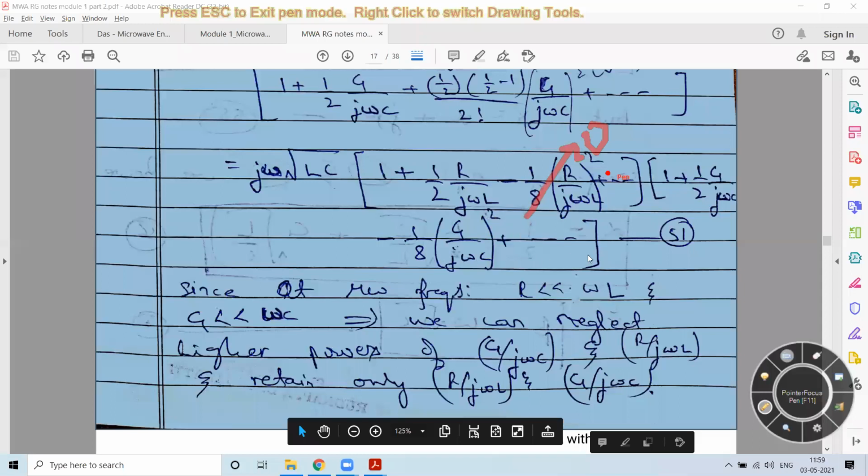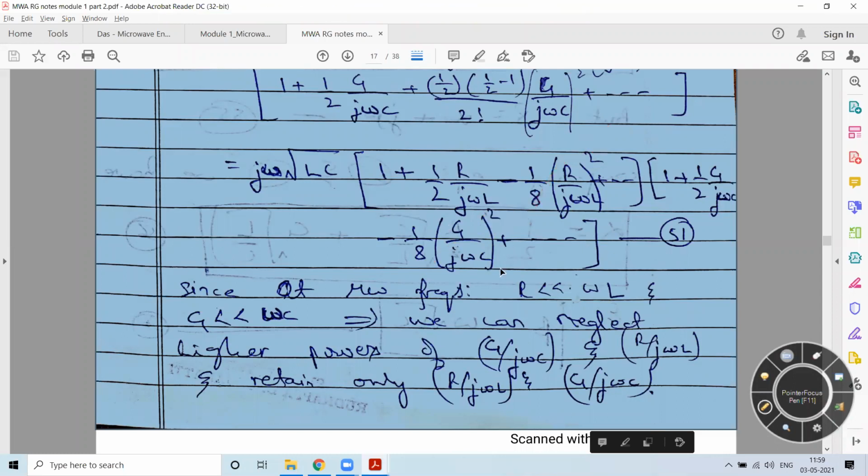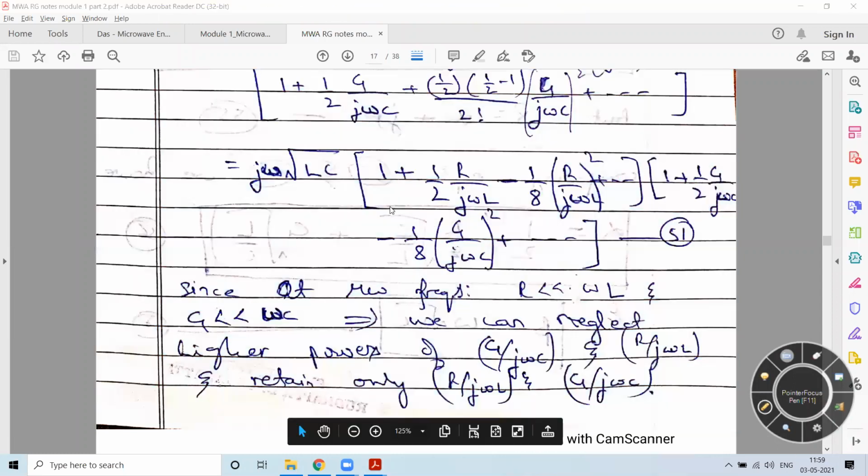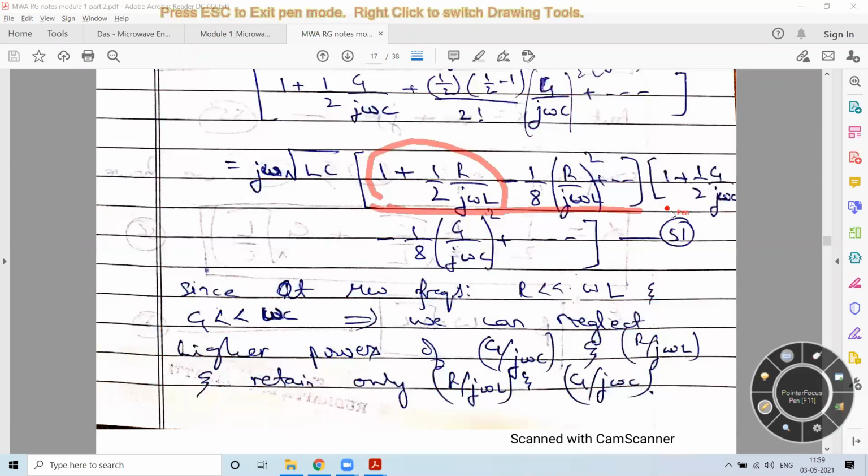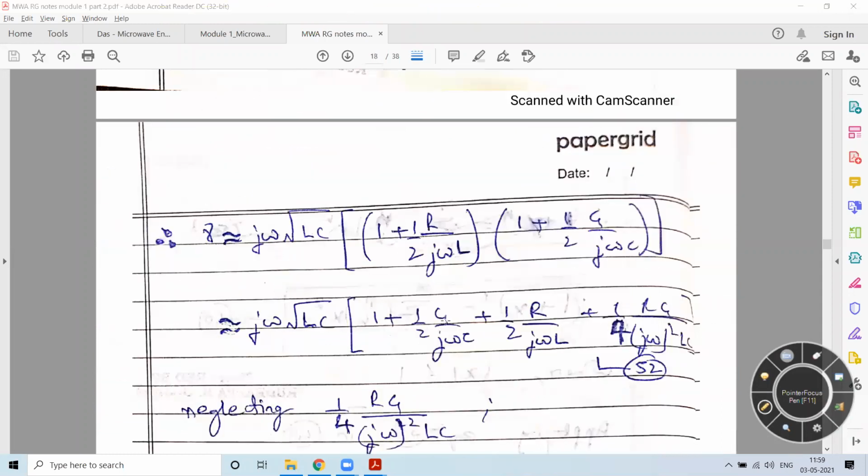So I'll be having only these two parameters. This entire result will be nearly equal to 1 plus half into r by j omega L, and similarly the other parameter will be nearly equal to 1 plus half into g by j omega C. So this is the simplified equation we get based on the assumptions we have made.